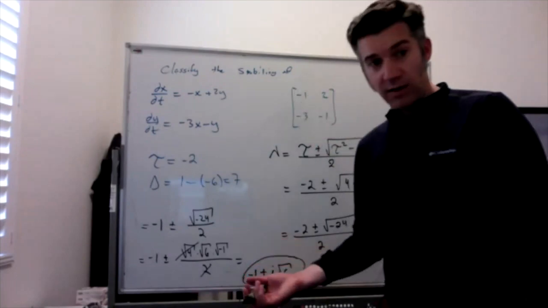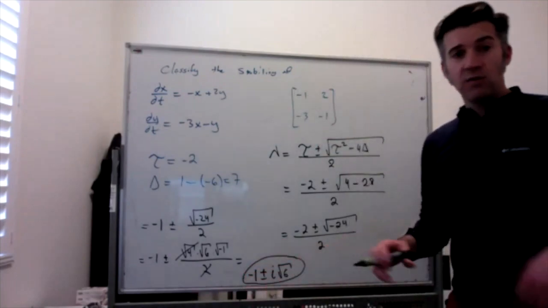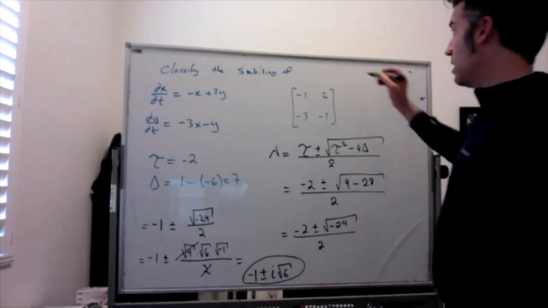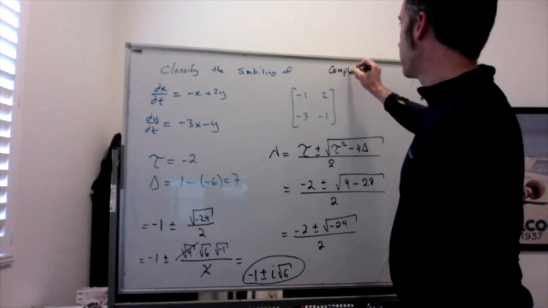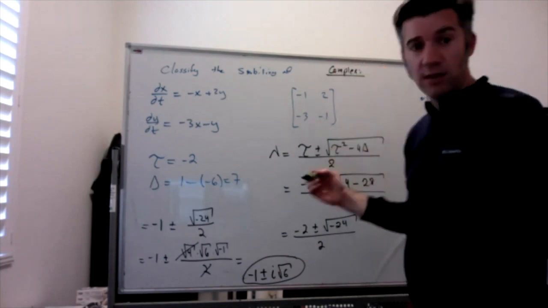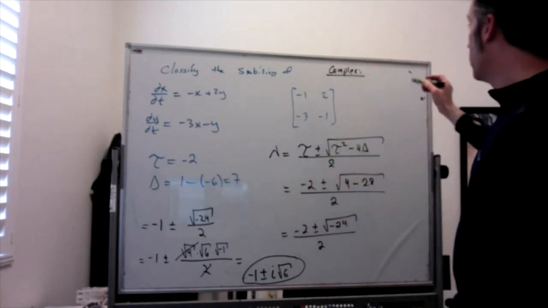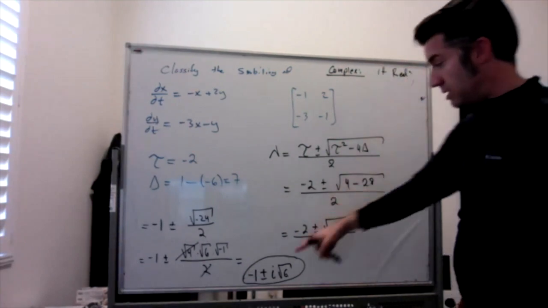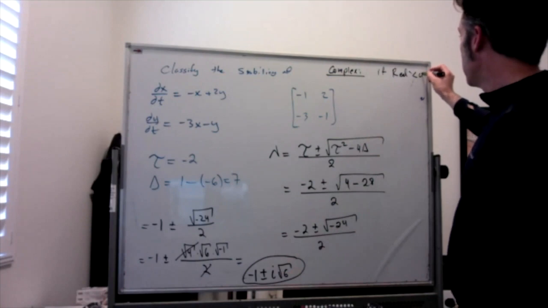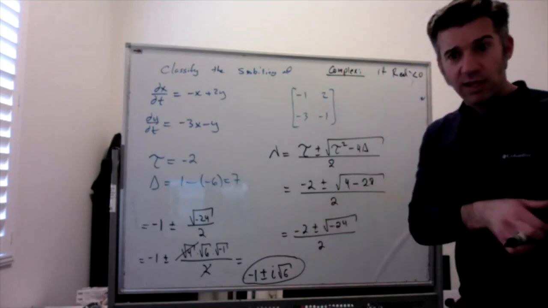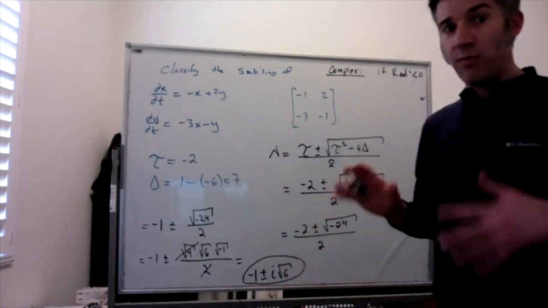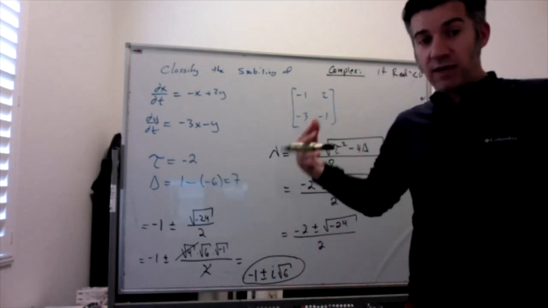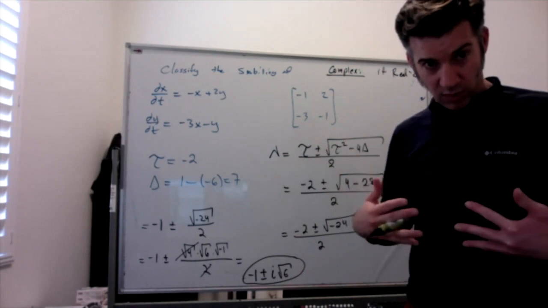Those are my eigenvalues. So here's what we have to look at when you have complex eigenvalues. If they're complex, it all depends on the real part. If the real part is negative like it is here, it's stable, which is great because when they're real, if both eigenvalues are negative, you have a stable node, everything points inward.